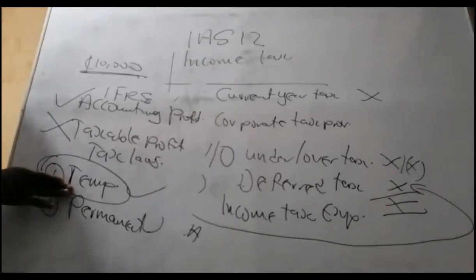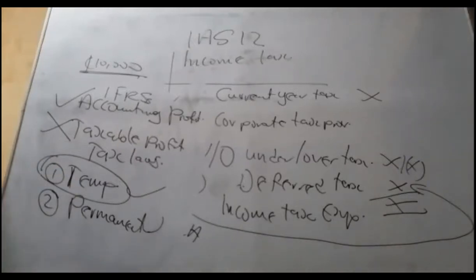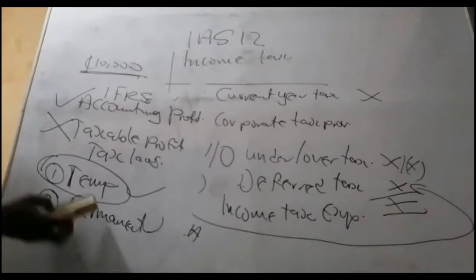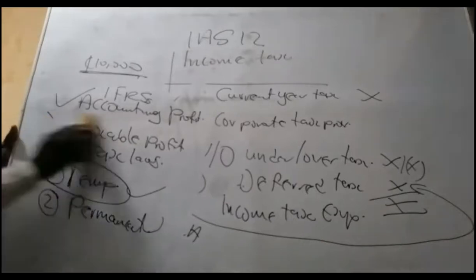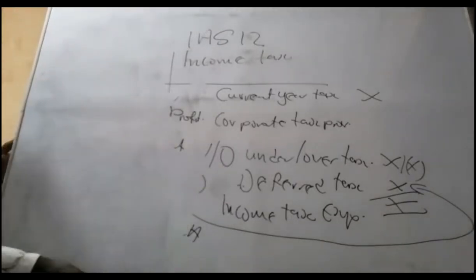So now, temporal difference, finally, is the difference between the carrying amount or the accounting base of assets or liabilities and the tax base. So to explain temporal difference very well, I have to bring two issues up.